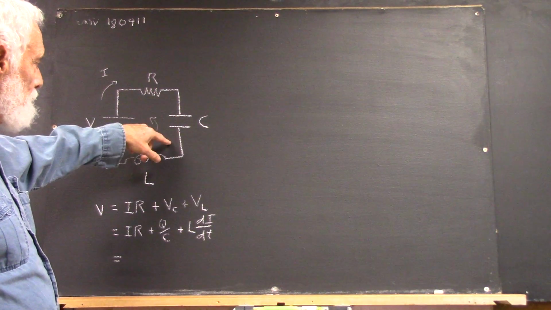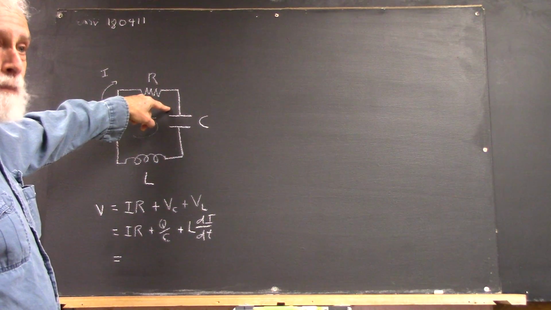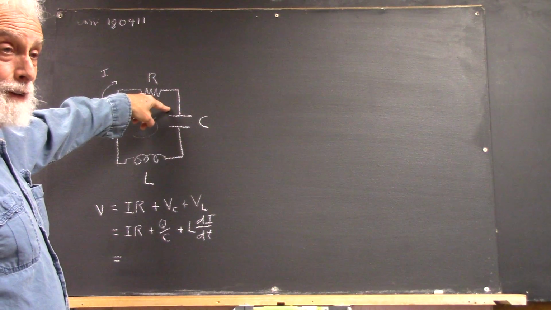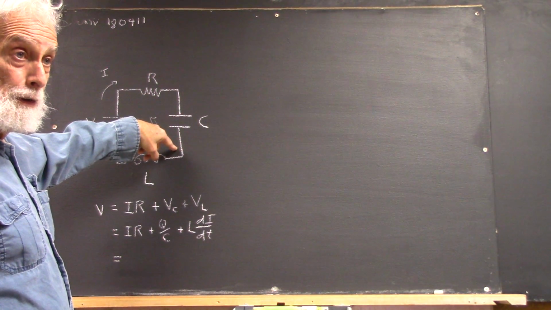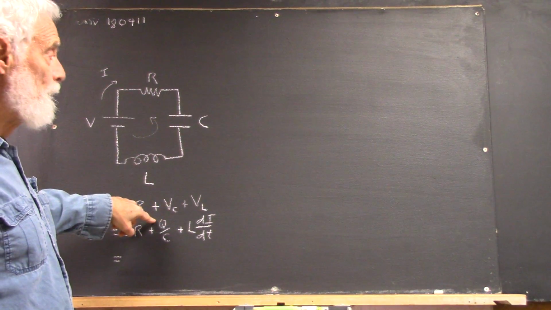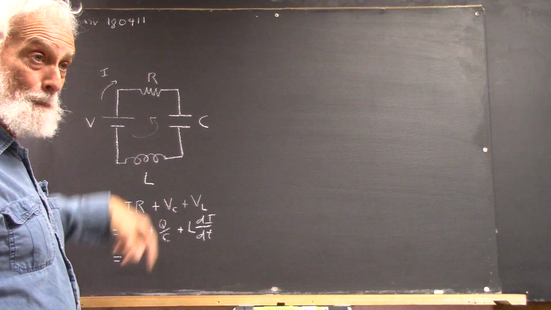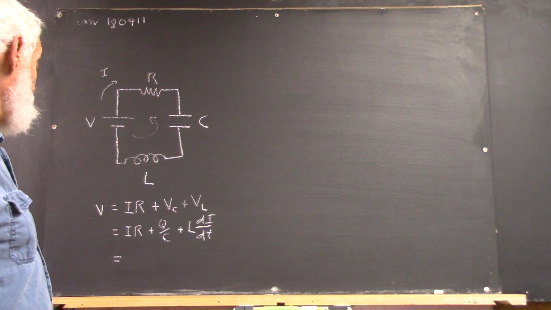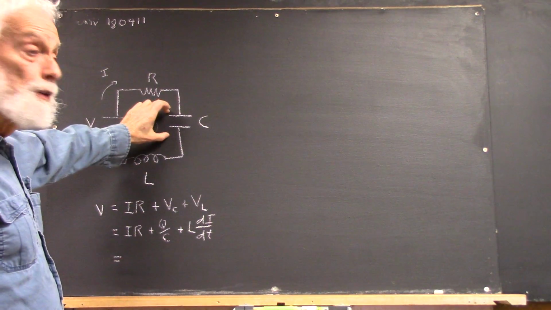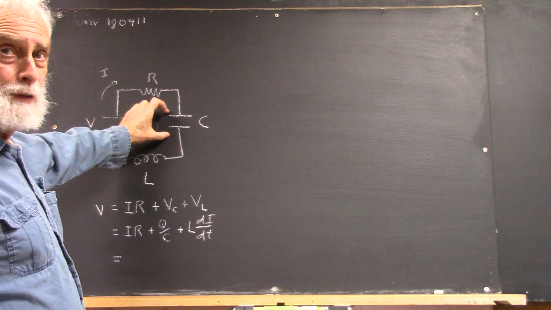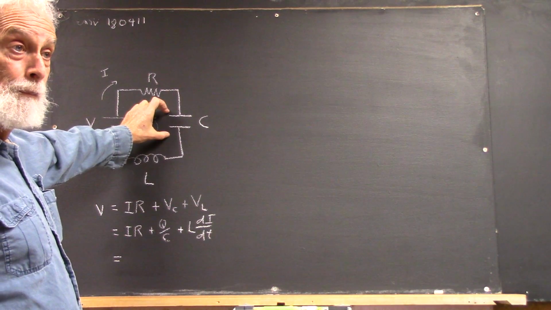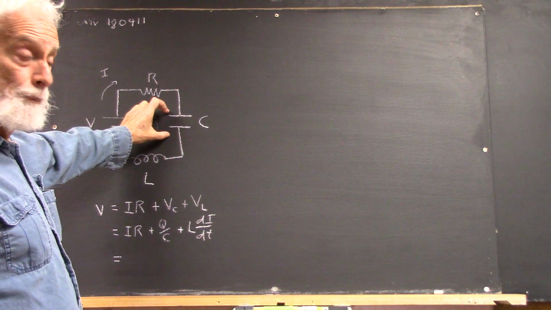Now, there's a little tricky thing we got to do. We got to assume that this is a positive end of the capacitor. Voltage is dropping from here to here. So if your Q is negative, then it's this one that's positive, right? Because one of these is positive and one's negative, and there's kind of a little ambiguity there you've got to think through.